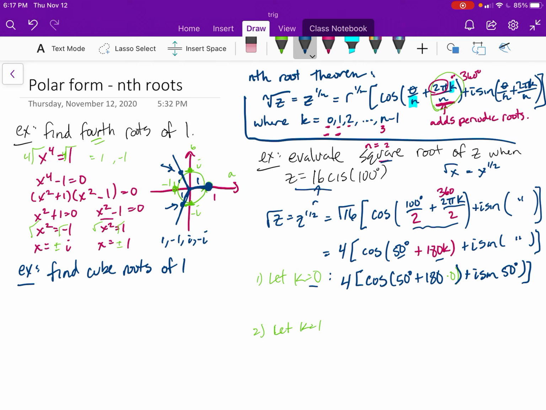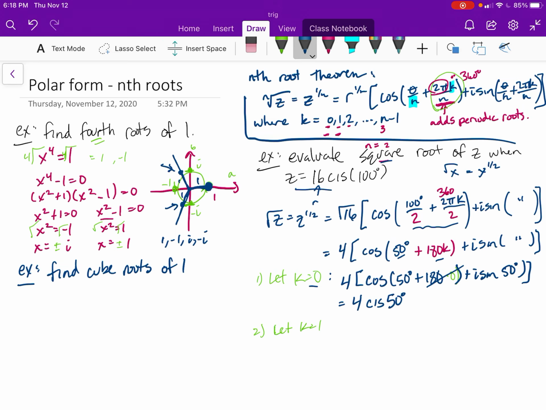I didn't change it to polar form, but this one, because it's 50 degrees and we're in polar form, odds are we're good with just leaving it in polar form. So the first solution is 4, and then we'll go ahead and change it to that notation, CIS 50 degrees, right? Because the 180 times 0 is 0.